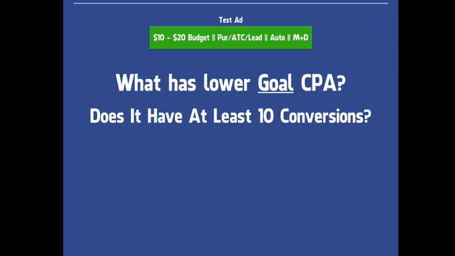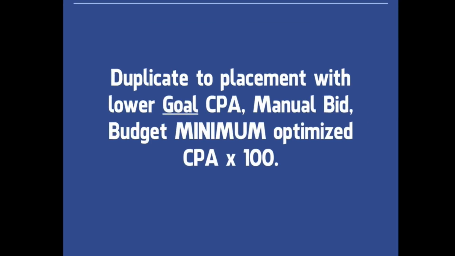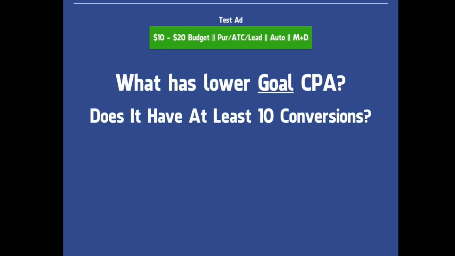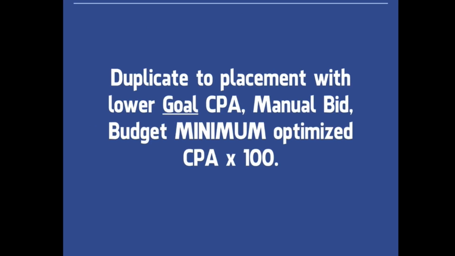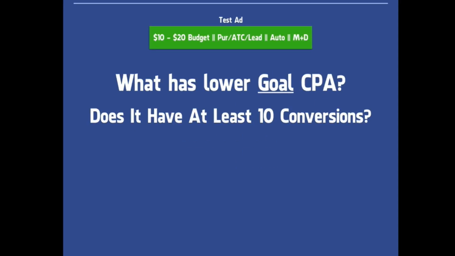Okay, it might be the goal CPA if you're optimizing for purchase, but the optimized CPA is what you're optimizing for. So what is the objective of this ad? Is the ad objective add to cart? Then the budget needs to be a minimum of the cost per action of the add to cart times 100. The cost per action of how much you're paying on the test ad.